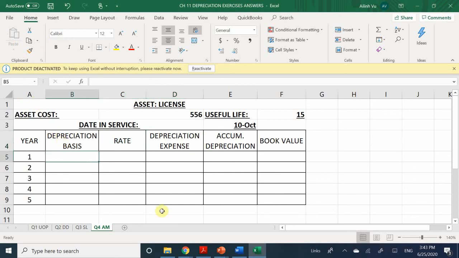Okay, so amortization flows the same way. What is the depreciation basis in this one? 556 would be the basis, the original cost minus salvage value. But there's no salvage value, so you're right, it is just 556.